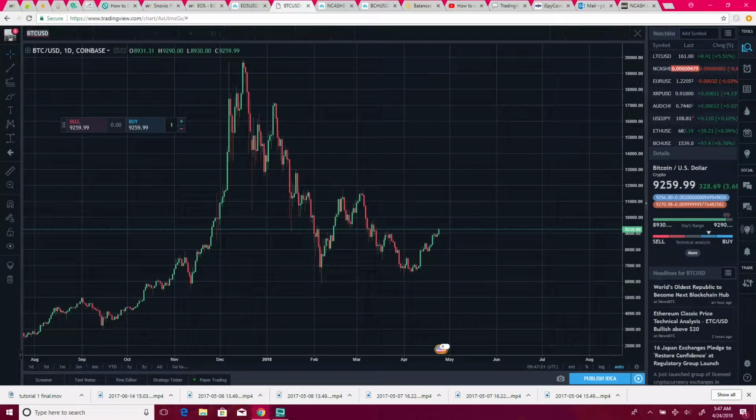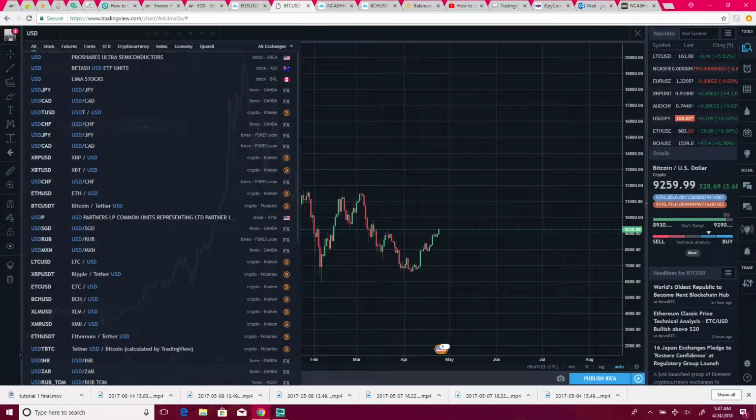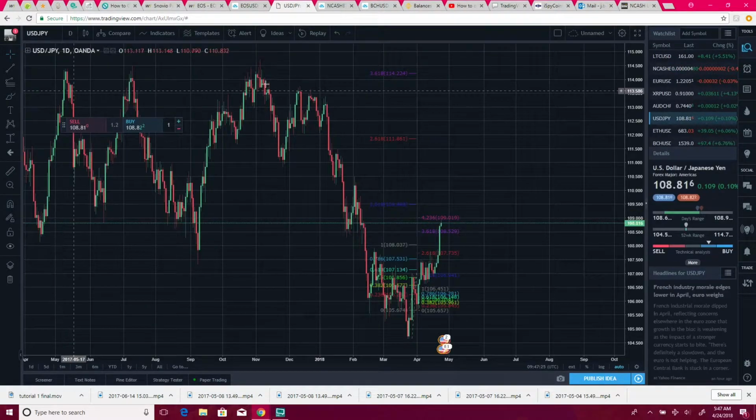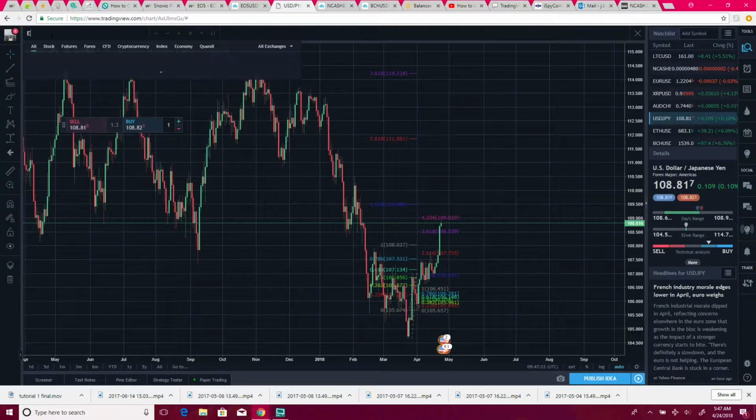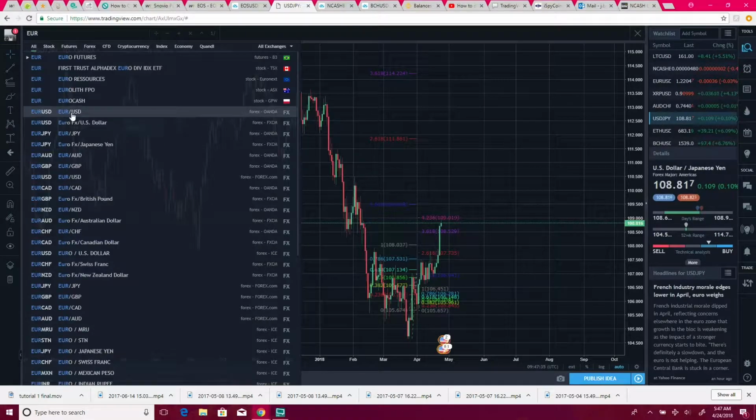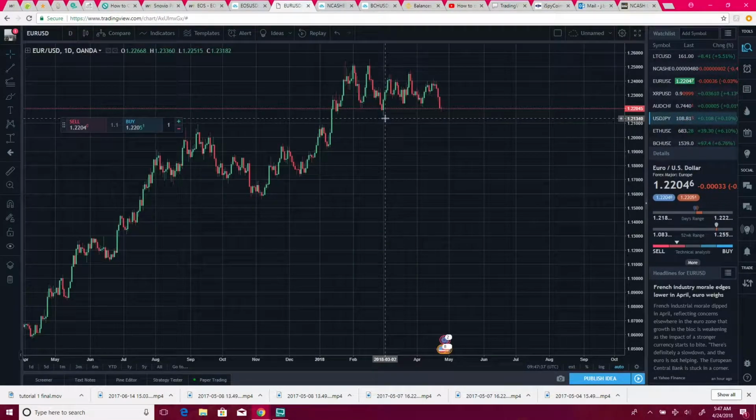Your base currency is always 1. This is 1 US dollar is worth 108 Japanese yen. I can go to Euro USD. 1 euro is worth 1.2 US dollars. You can see the price here. The base currency is always 1.